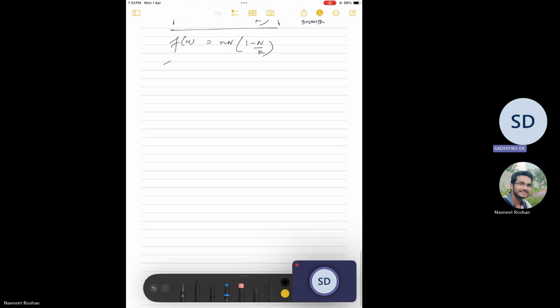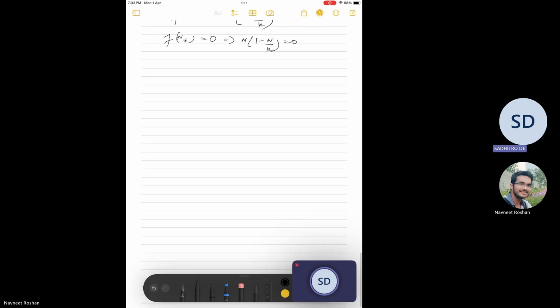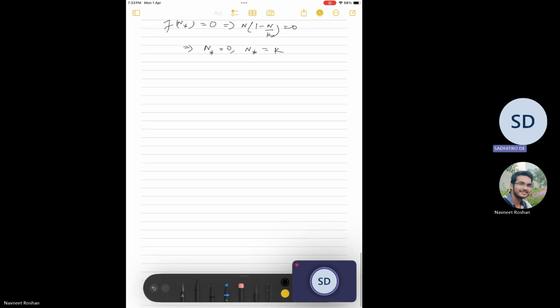Then the fixed points of this equation satisfy f(N*) equal to 0, which means that N times (1 minus N/K) should be equal to 0. And therefore, we find that there are two fixed points of the model, N* equal to 0 and N* equal to K, as we had thought of earlier.